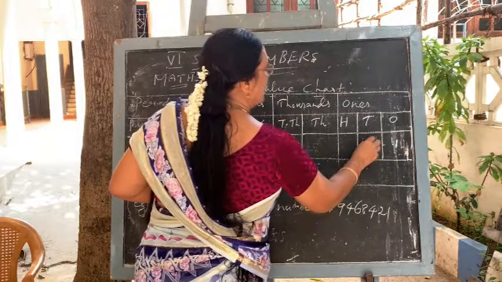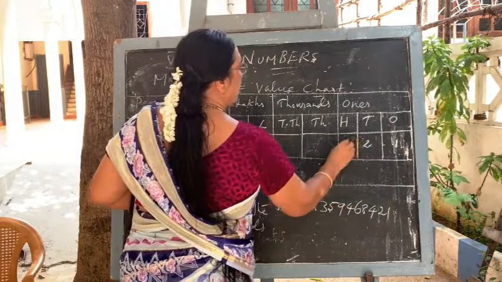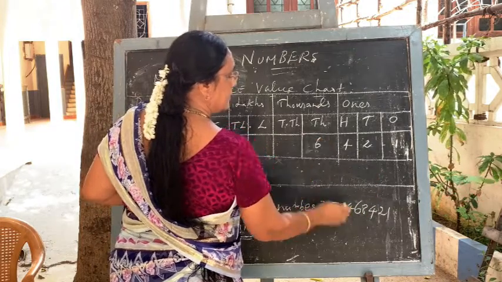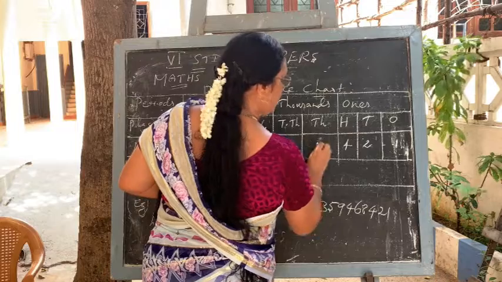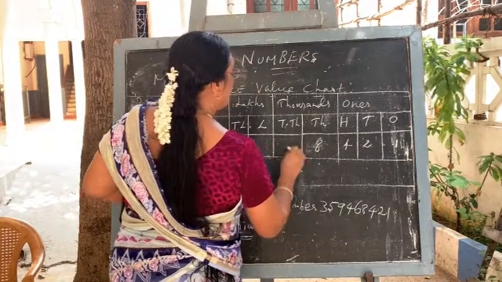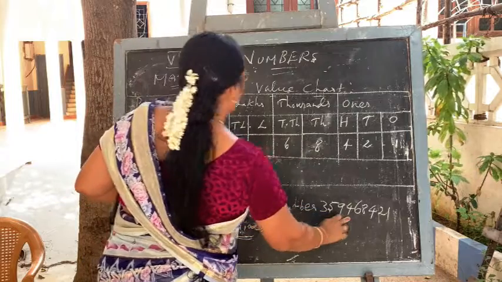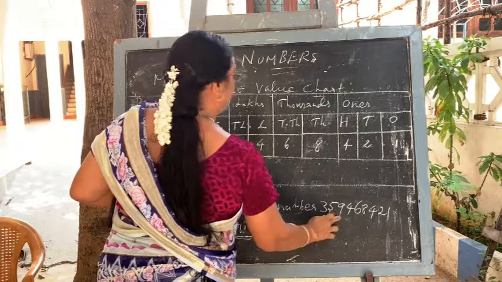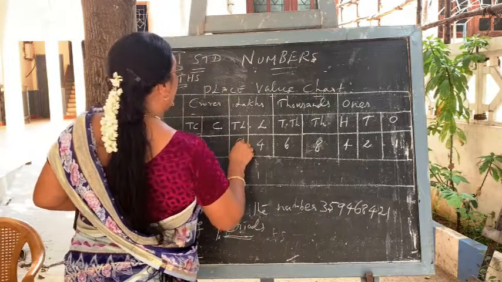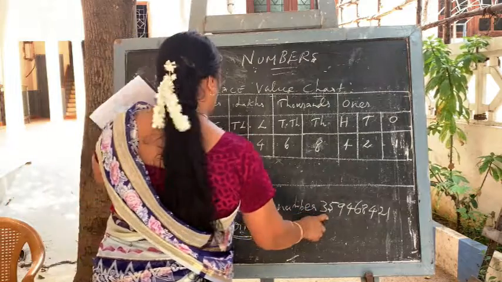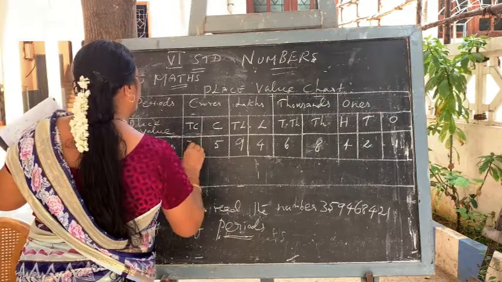Then for tens, 2. Then for 100, 4. Then for 1000, 8. And then for 10,000, 6. Then for lakhs, 4. Then for 10 lakhs, 9. And then for crore, 5. And then for 10 crore, 3.